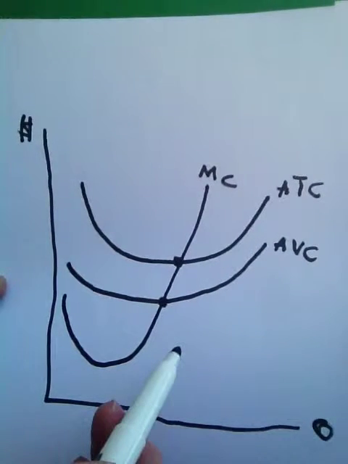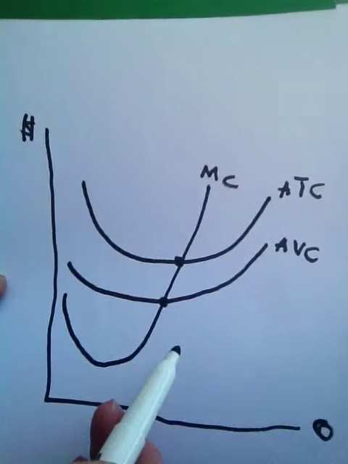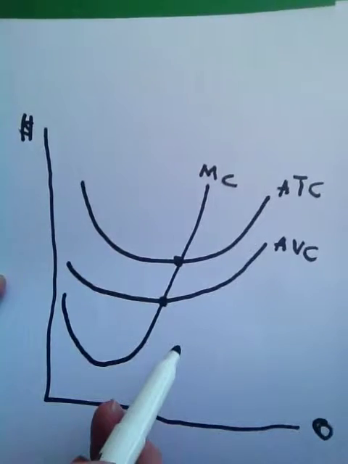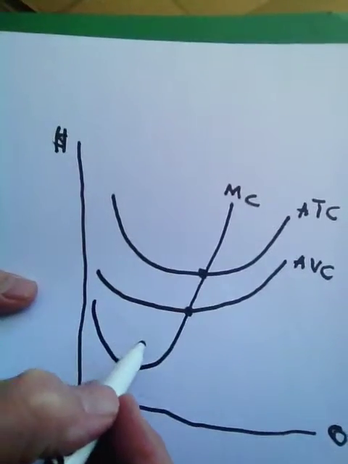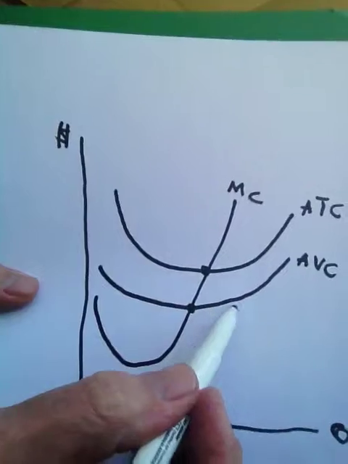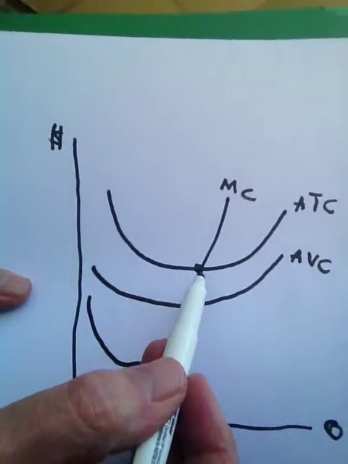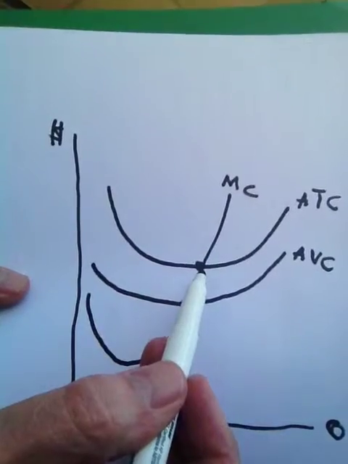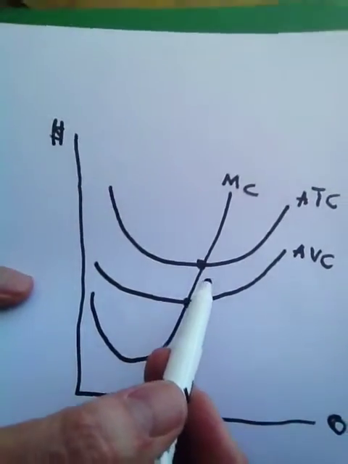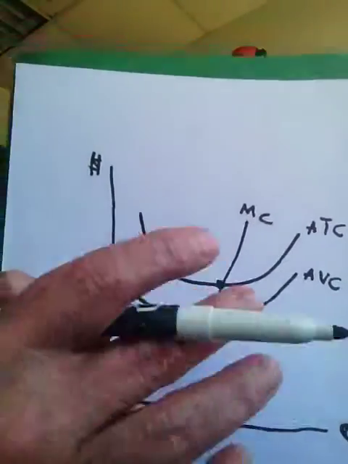Now, this is a fundamental mathematical relationship that must occur. The marginal cost curve will intersect the average variable and the average total cost curves at their minimum point. Once again, you can check this out on page 174 in the textbook. Here's the reason why.